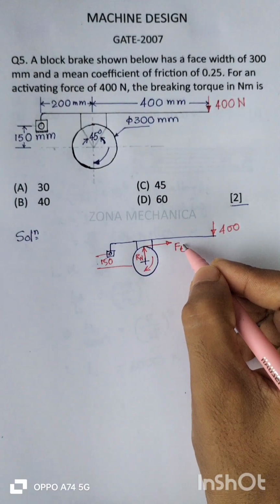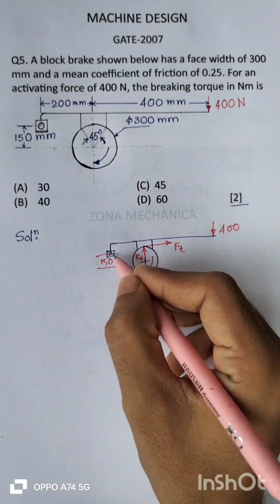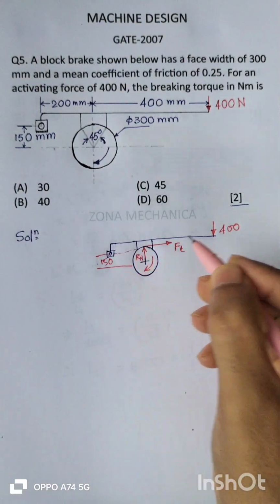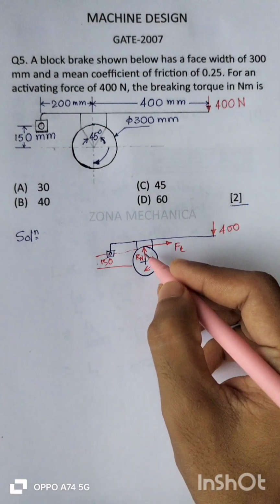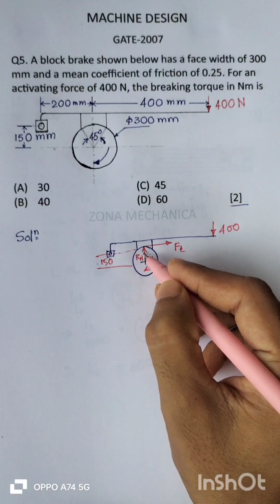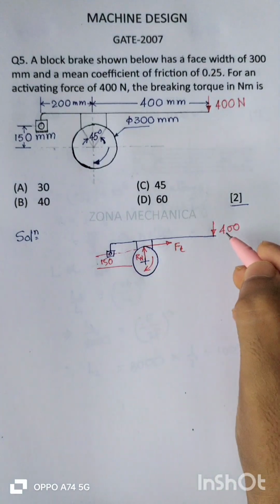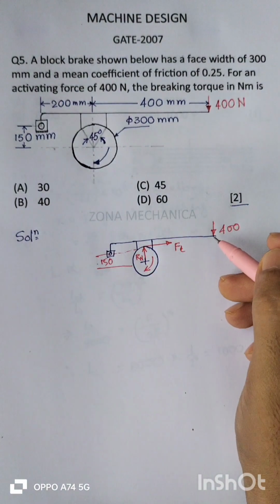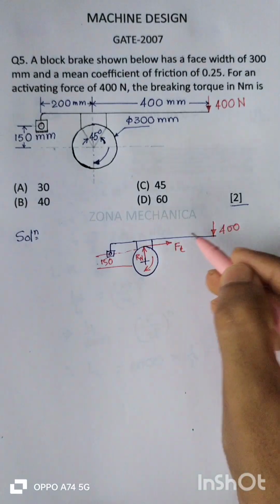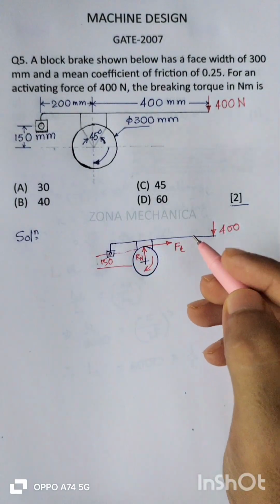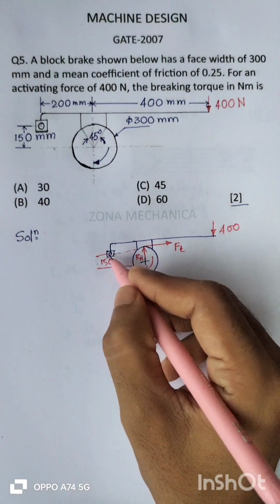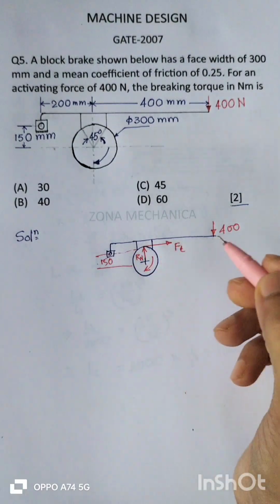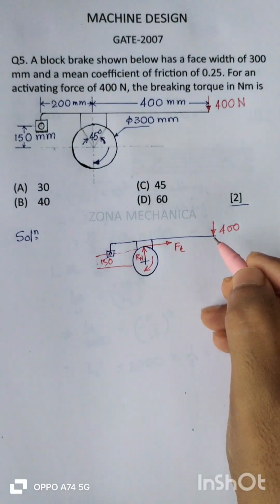So we can say that the line of action of the braking force is passing through the fulcrum. Now to get the magnitude of the normal reaction, we shall take moment of these two forces about the fulcrum. Since the braking force is passing through the fulcrum, its moment is 0 about the fulcrum.